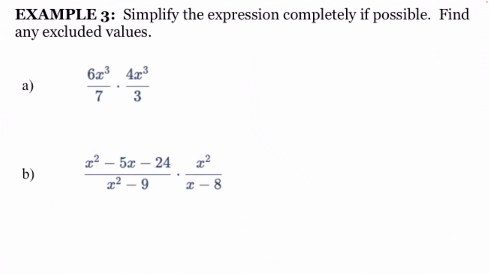And then you're done. It's the same thing. Straight across. Multiply straight across. So we're going to go 6x to the third times 4x to the third, and then 7 times 3.